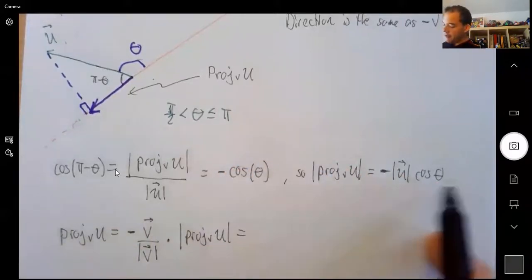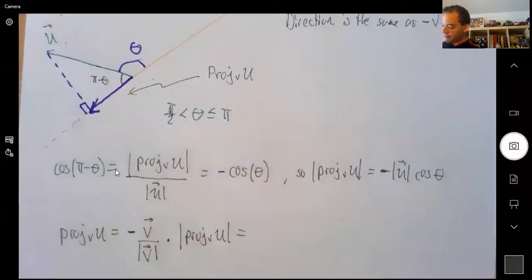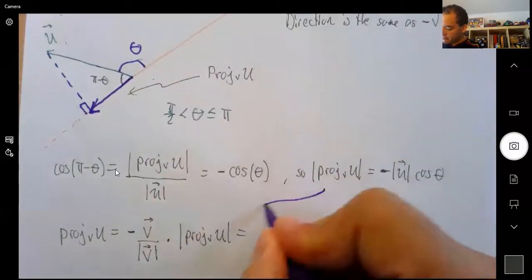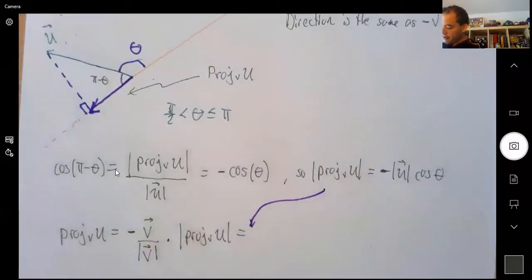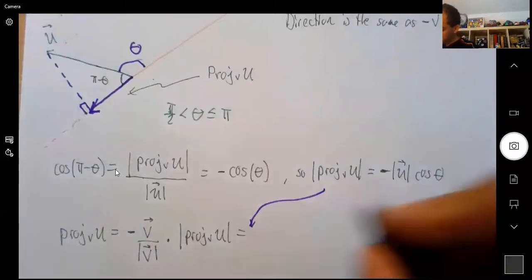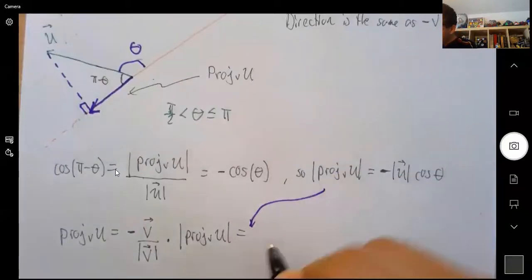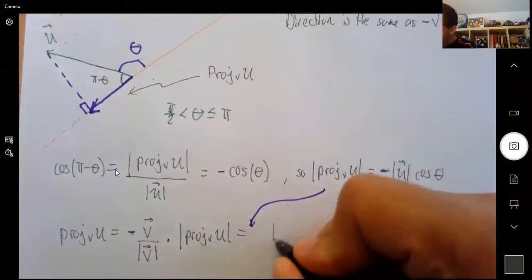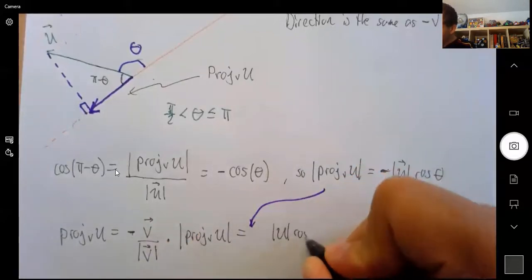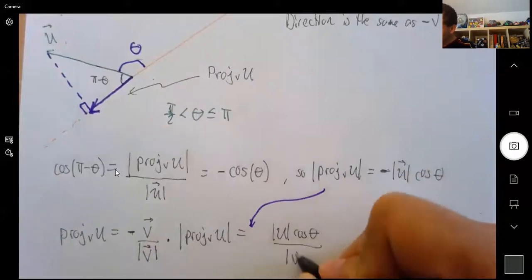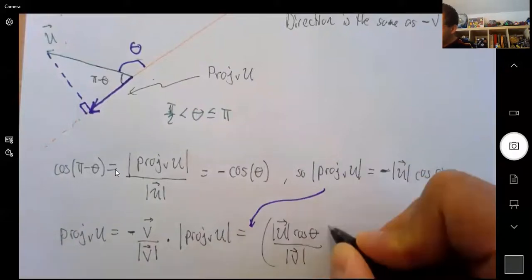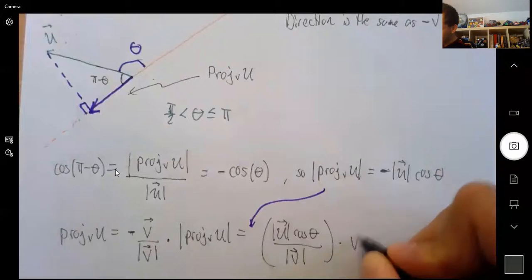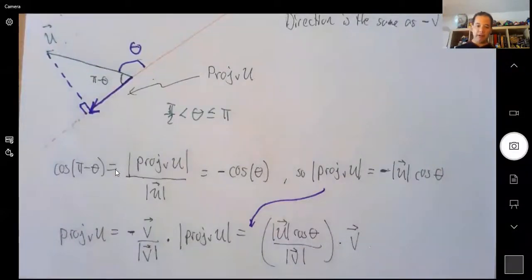And we have it right here. Minus times minus cancel, so we get u cosine theta divided by magnitude of v, all of that times v. So the same formula.